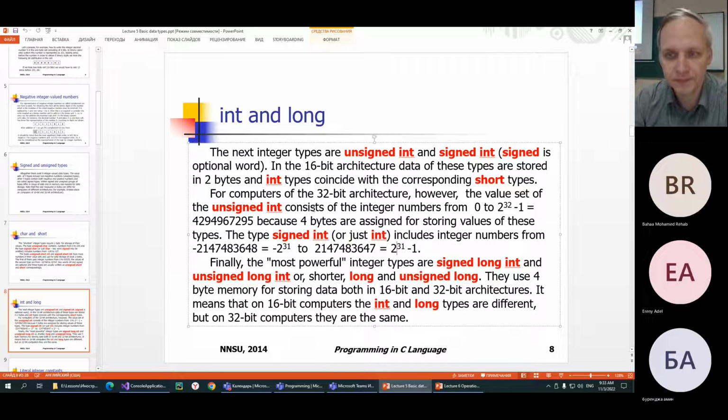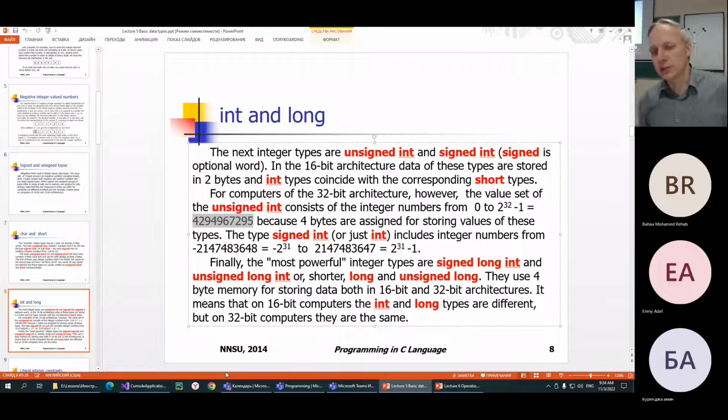If the type is unsigned, the range of representation is from 0 up to 2 power 32 minus 1, that equals approximately 4 billion.